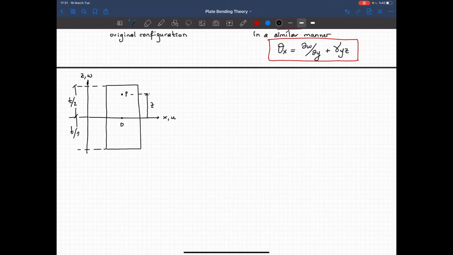That's T over 2. Again, we do the same thing. W in plus Z, and we have a clockwise rotation. This distance is dx, by the way, and this is the original configuration.